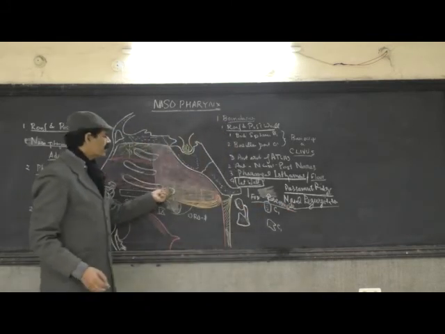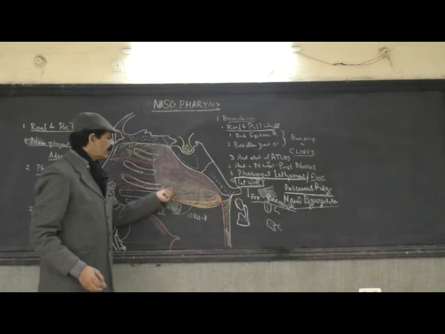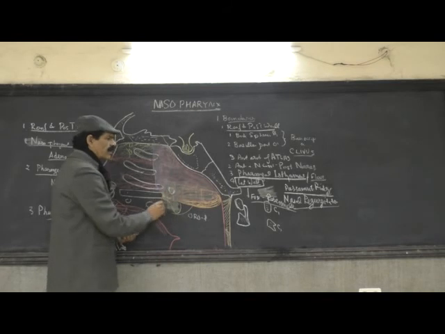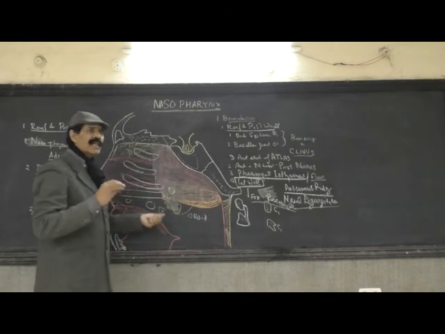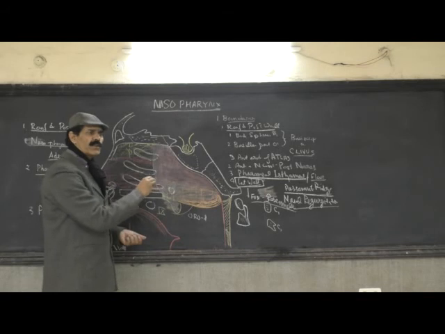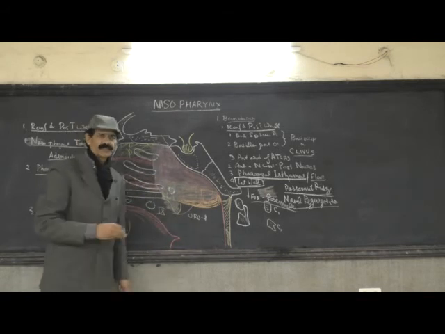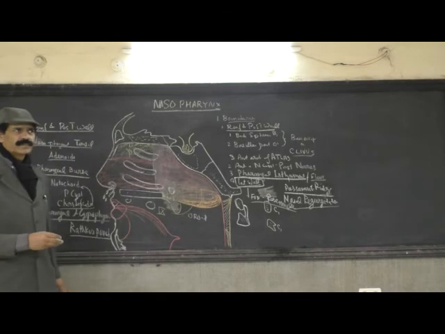Actually, this fossa of Rosenmuller lies on the superior and posterior side of the opening. So the depression is more prominent in this area, and the opening of the eustachian tube is tucked inside the fossa of Rosenmuller, a depression.